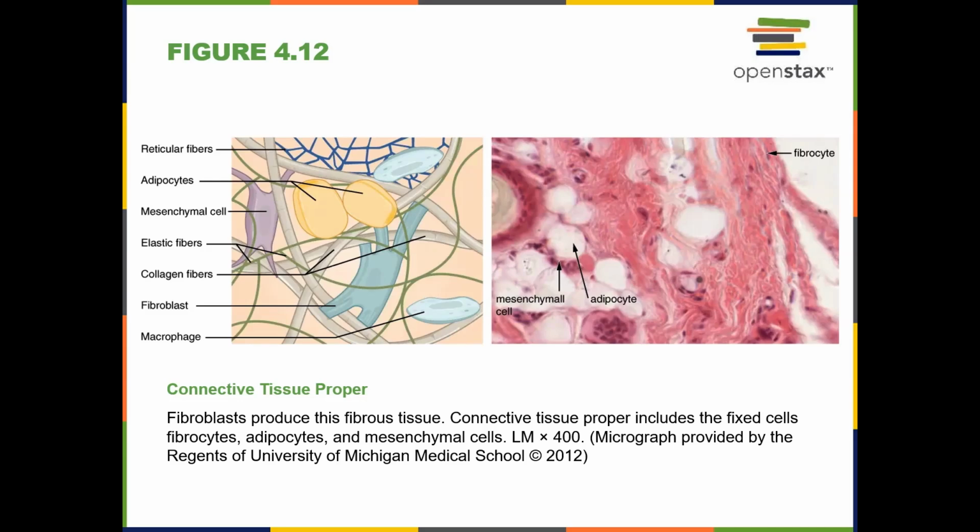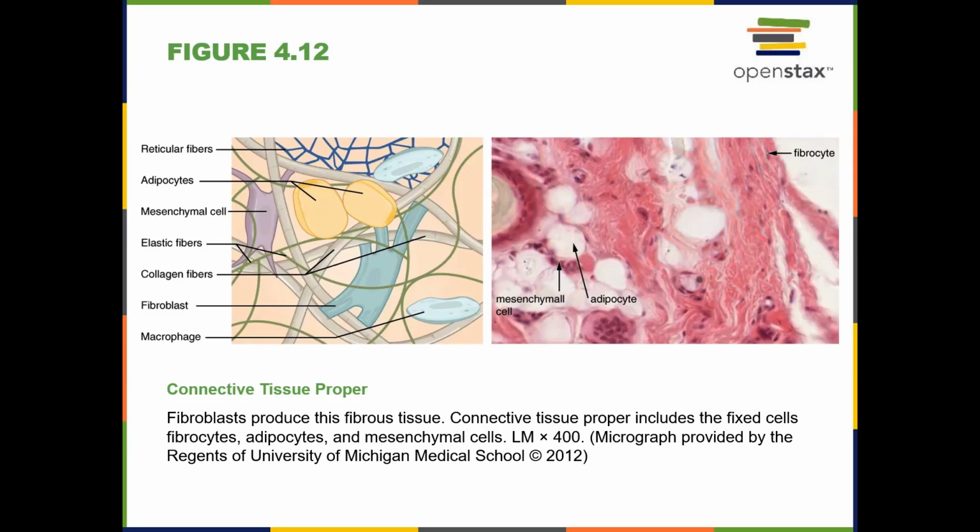Specialized cells are found in connective tissue proper, called fibroblasts, and fibroblasts mature into fibrocytes. Fibroblasts produce the fibers of the extracellular matrix. Collagen fibers are the large bundles of the protein collagen found in connective tissue proper.